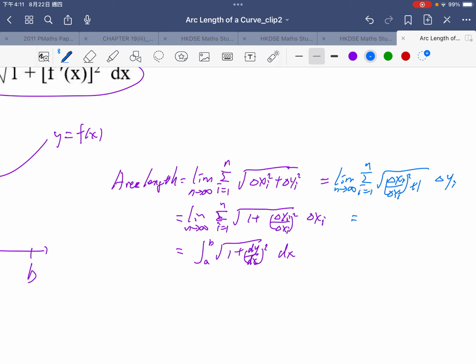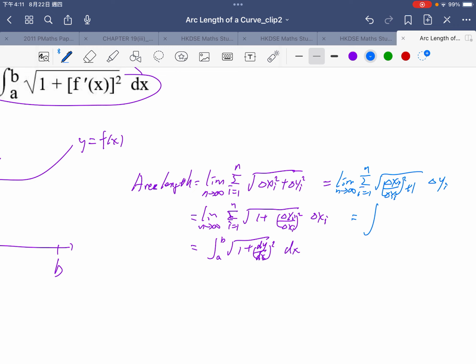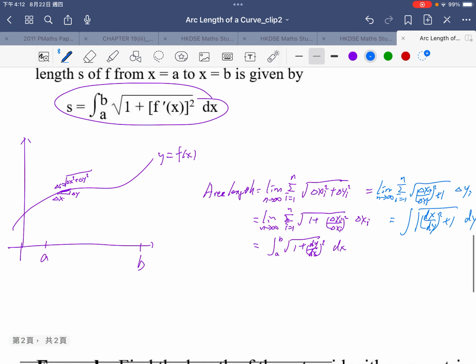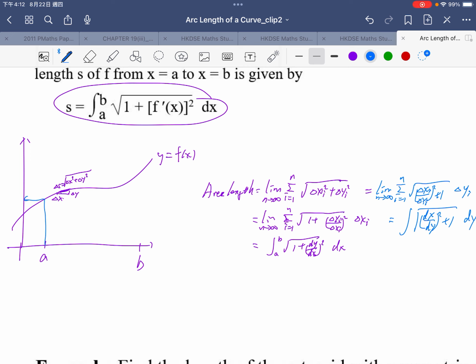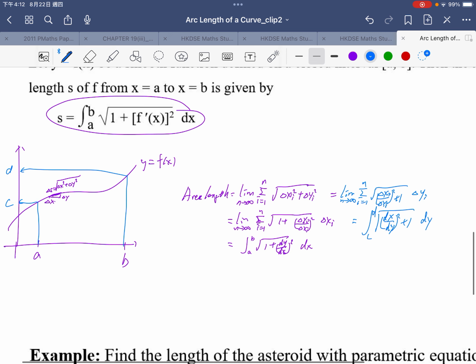If we use this form, we integrate the square root of (dx over dy) squared plus 1, dy, and the domain is from, suppose this is C and this is D, from C to D. This is the difference between treating this integration in different forms.